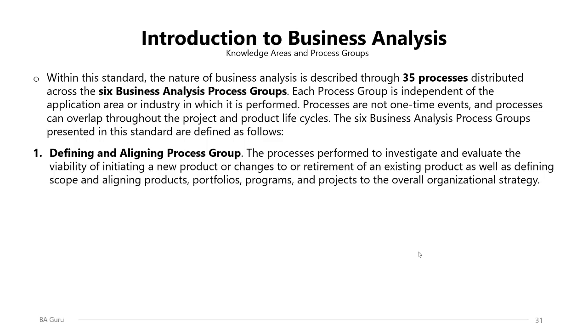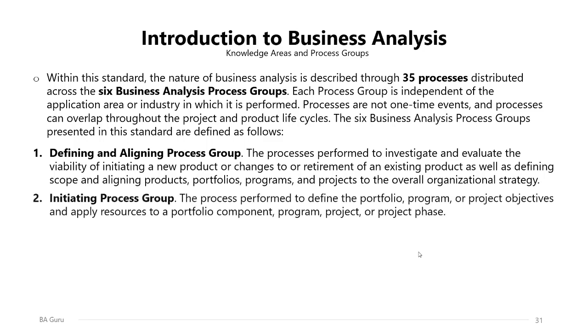The processes performed to investigate and evaluate the viability of initiating a new product or changes to or retirement of an existing product, as well as defining scope and aligning products, portfolios, programs and projects to the overall organizational strategy. So here we will evaluate, we will investigate why we need to initiate a new project or product, and we will make sure everything is aligned with the organizational strategy.